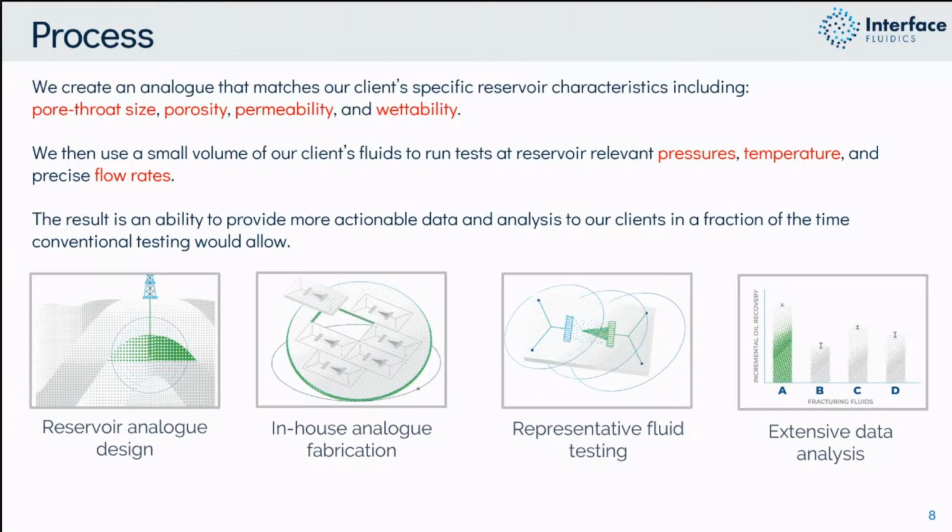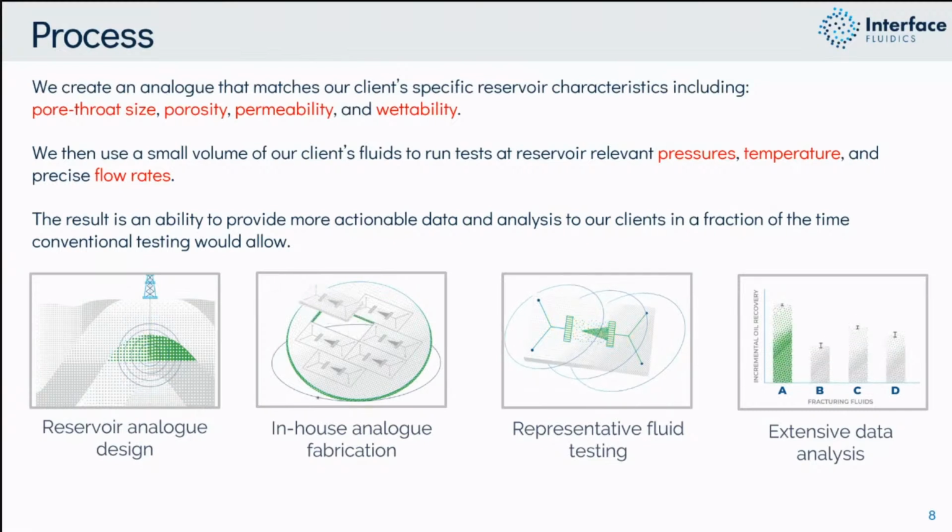And if there is more information such as the SEM images and thin sections, that can help us improve the quality of the reservoir analog, especially to match the morphology of the grains and pores.